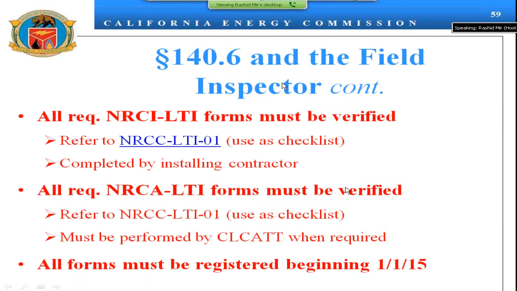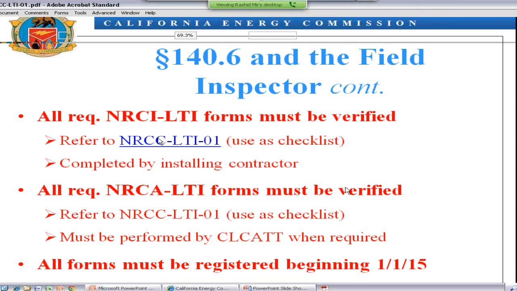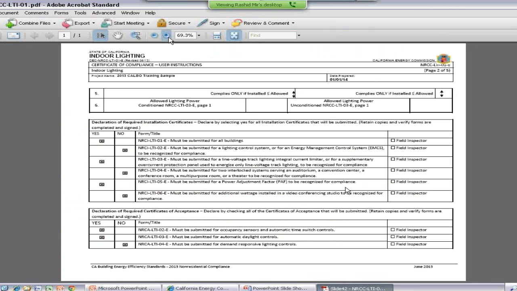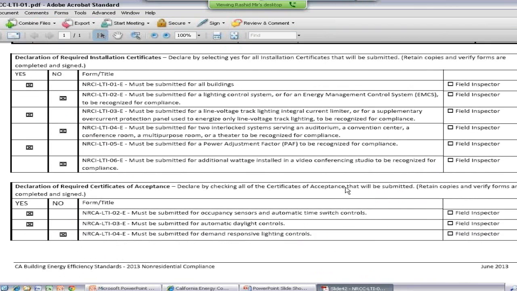So continuing on with field inspection, again, this is reiterating what we talked about earlier, but remember, during field inspection for lighting in general, you're going to want to verify that all the required non-res certificates of installation, the LTI forms, are verified or completed. Again, we can refer back to the non-res certificate of compliance, LTI-1 form, to verify which forms are required.